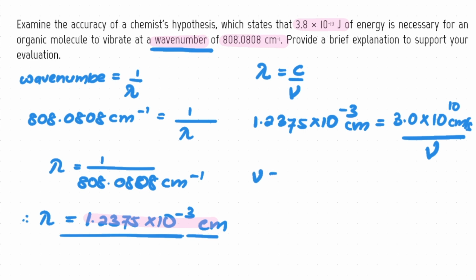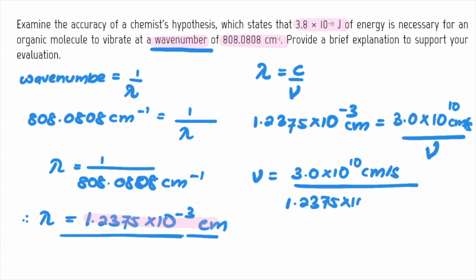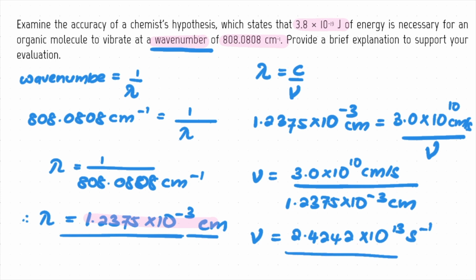So therefore, your frequency is equivalent to 3.0 times 10 to the power of 10 centimeter per second divided by 1.2375 times 10 to the power of negative 3 centimeter. Therefore, your frequency is equivalent to 2.4242 times 10 to the power of 13 per second. So this is the value of the frequency.